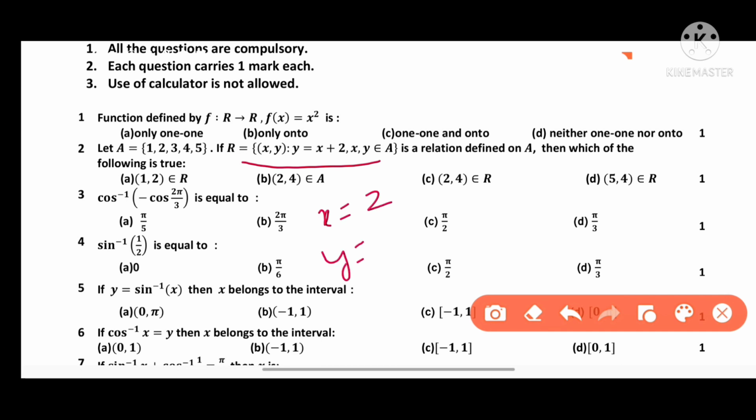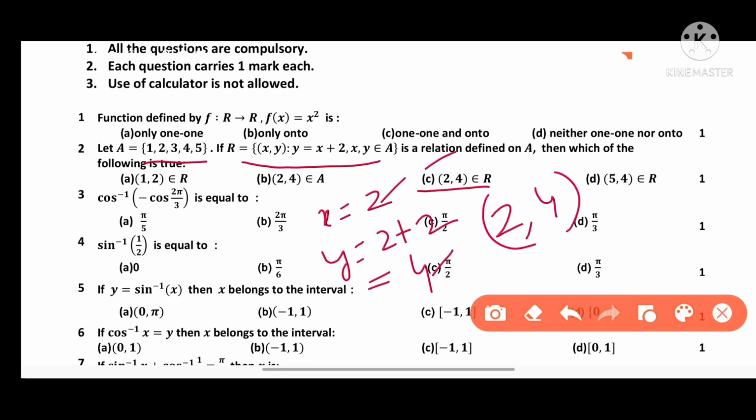So y is equal to 2 plus 2, that is 4, and (x, y), that is (2, 4), belongs to A. So the answer is C option. x is 2 and y is 4, (2, 4) belongs to R. So C option is right.